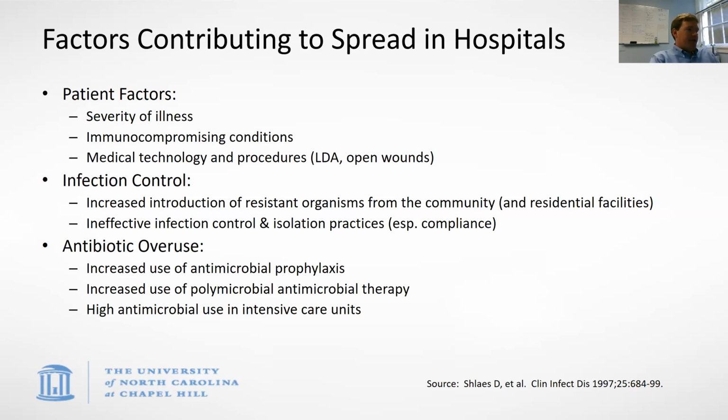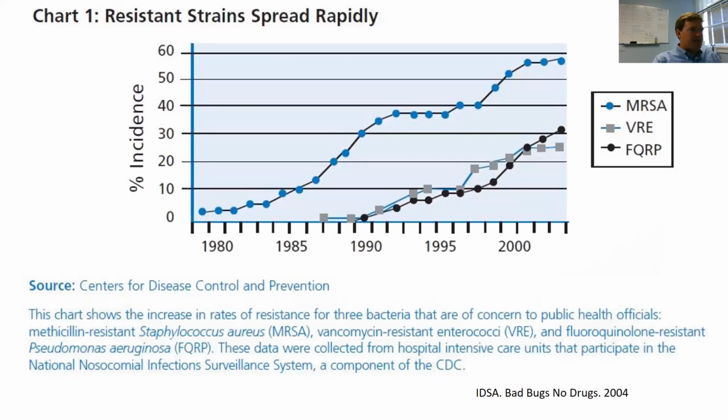Antibiotic overuse is kind of my primary focus. And so that touches on things like increased use of antimicrobial prophylaxis, increased use of polymicrobial antimicrobial therapy. So using lots of antibiotics at the same time, and particularly lots of antimicrobial use in intensive care units contributes to the development and spread of antimicrobial resistance.